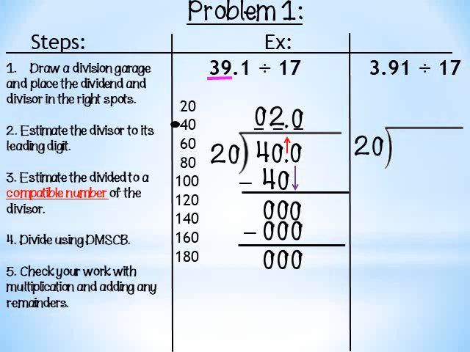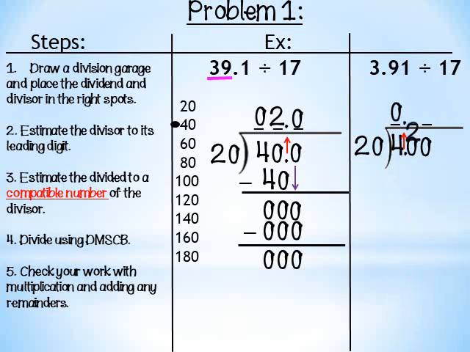We know that 20 is going to go into that 40, so we write that 40. We know it's a 3-digit number, so we add our 0. But this time our decimal is going to go in a different spot. It goes 3.91, so it's whole number, decimal, whole number, whole number. So we put our decimal right after that 4, and then we bring all that stuff up. So it should say line, decimal, line, line.